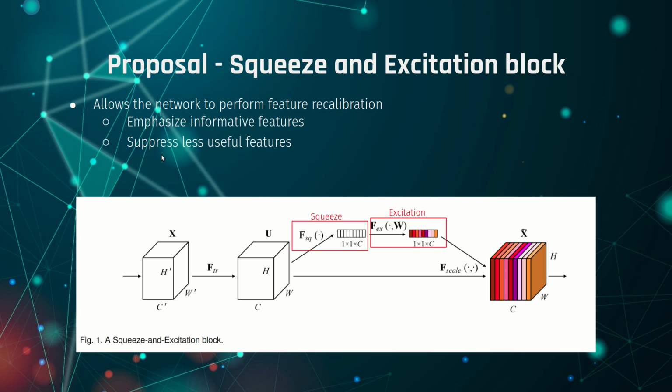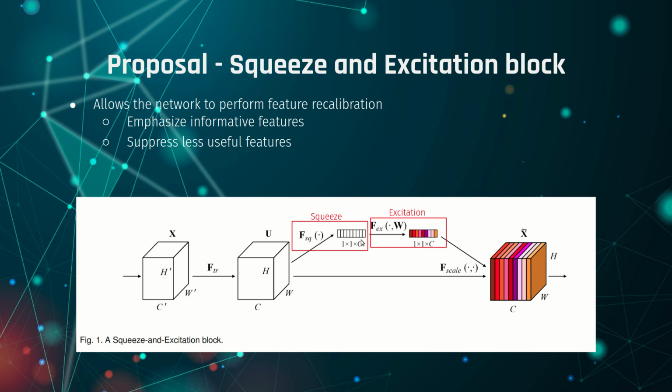It allows the network to emphasize the informative features and suppress the less useful information. I really like this picture because it tells you the channel-wise information is being recalibrated.